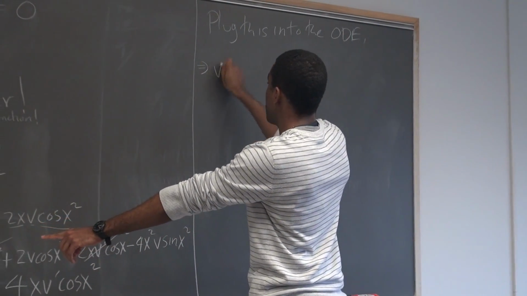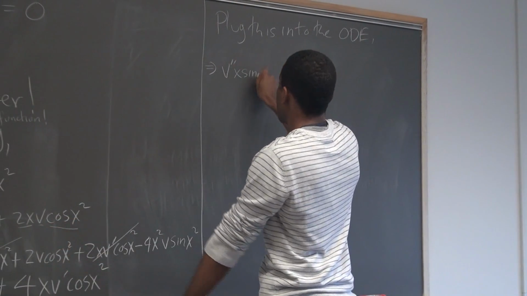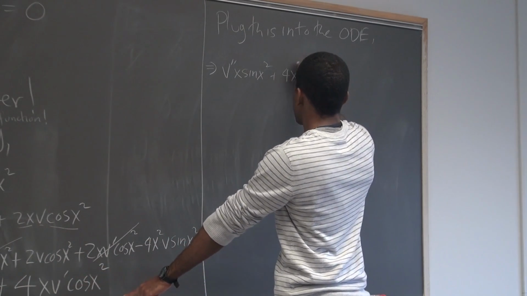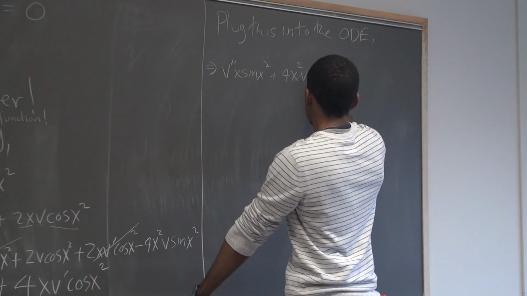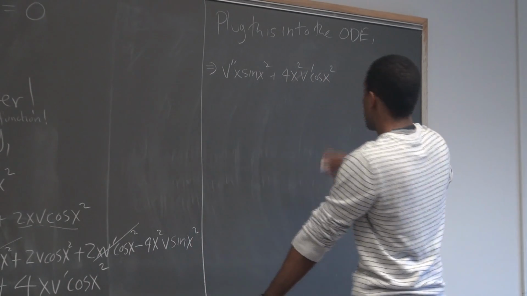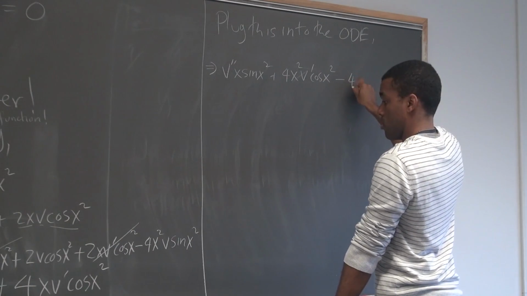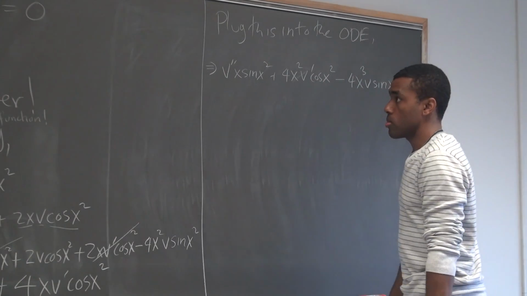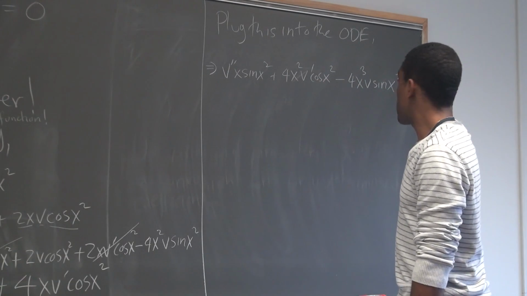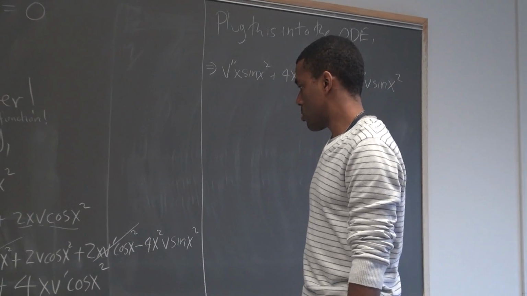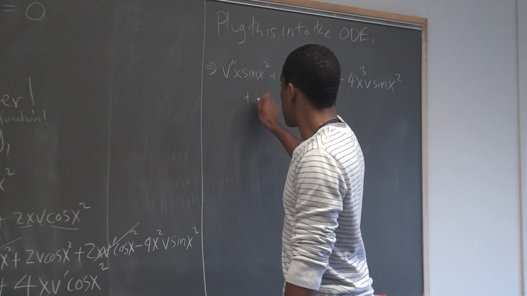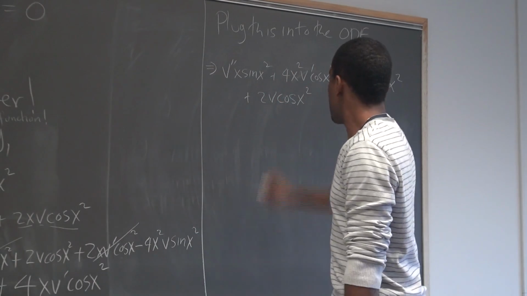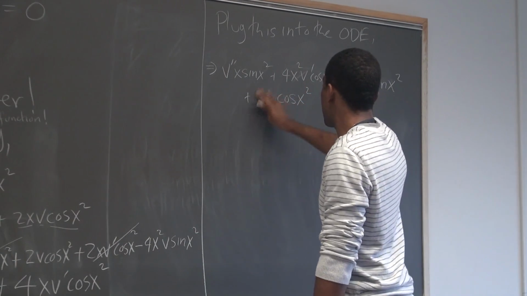So we would have v double prime x sine x squared plus 4x squared v prime cosine minus 4x cubed v sine x squared. Plus that's our 2v x cosine x squared, plus 2v cosine x squared, this would be times x.